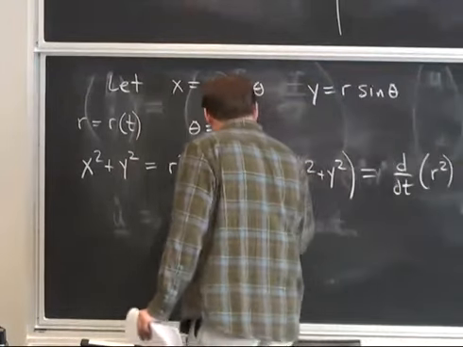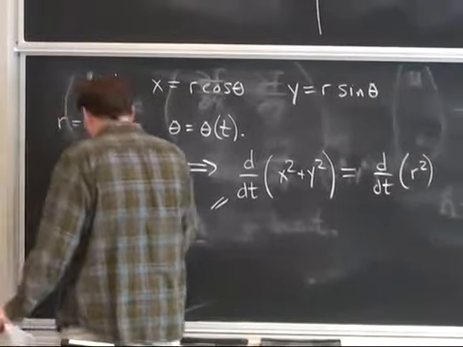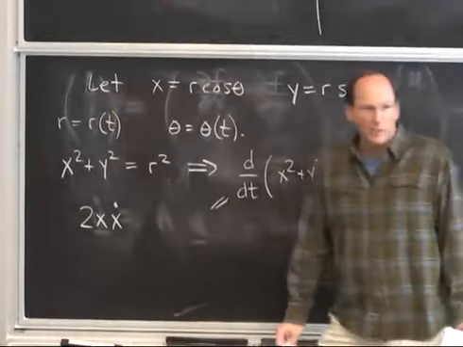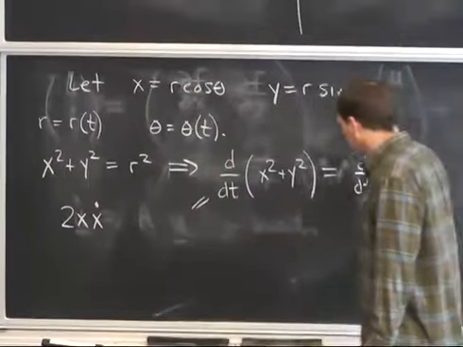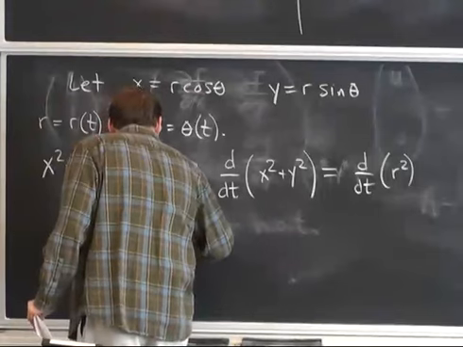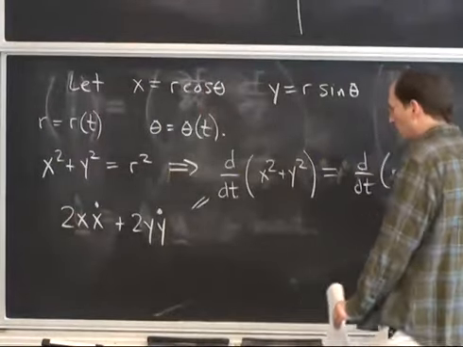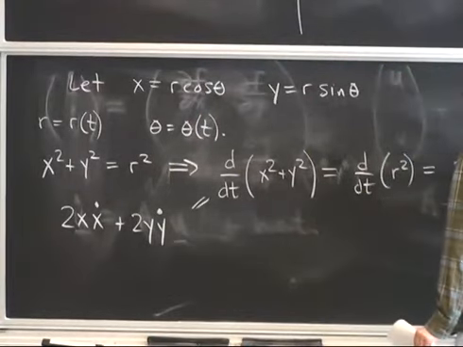And now on this side, we would get 2x x dot, where x dot is one of these chain rule terms that I'm talking about, plus 2y y dot. And then that would equal the derivative of this with respect to time, which is 2r r dot.